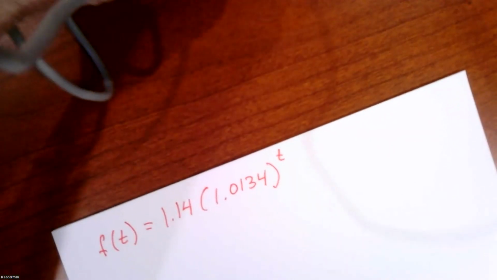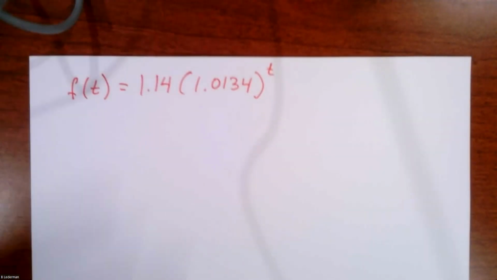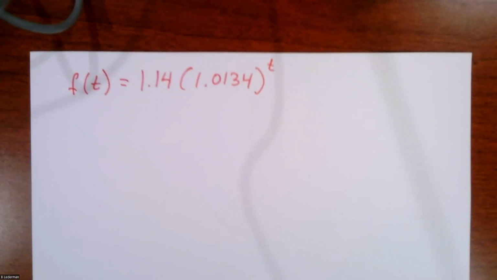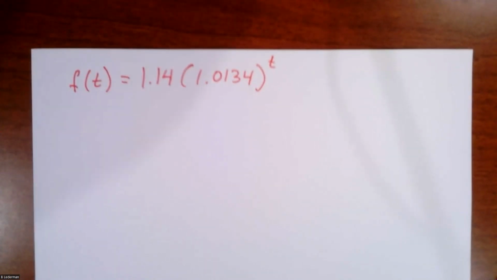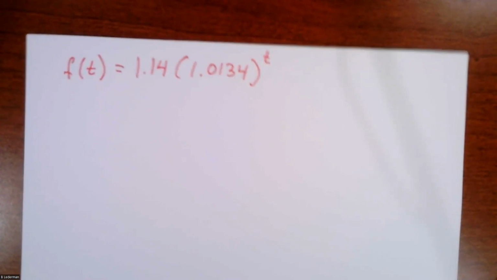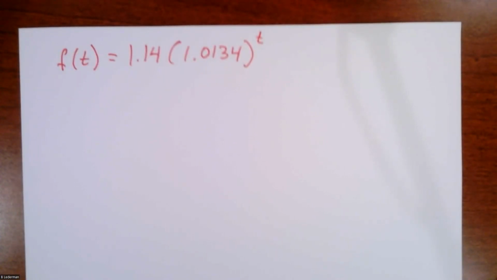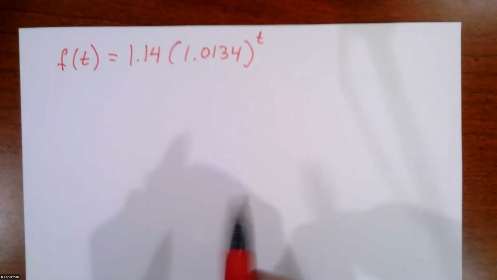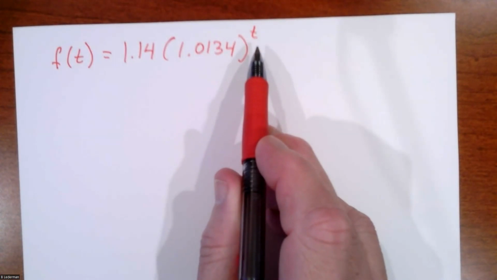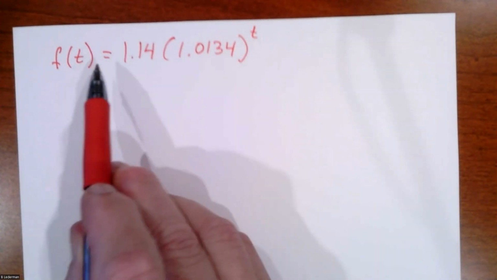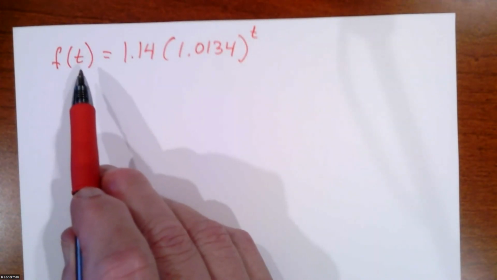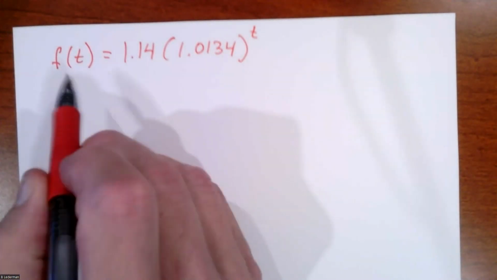Okay, so we have here f of t is equal to 1.14 times 1.0134 to the t power. But we're not giving you a value for t to plug in and crunch out. We're telling you that the population is going to be 2 billion, so f of t is going to equal 2.